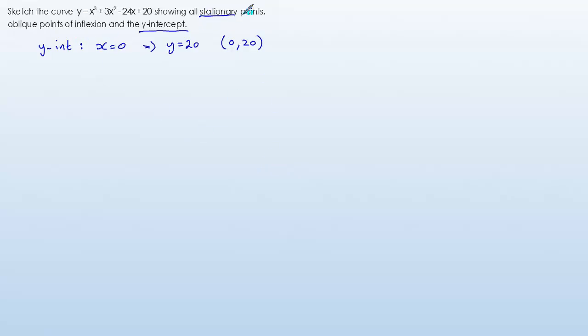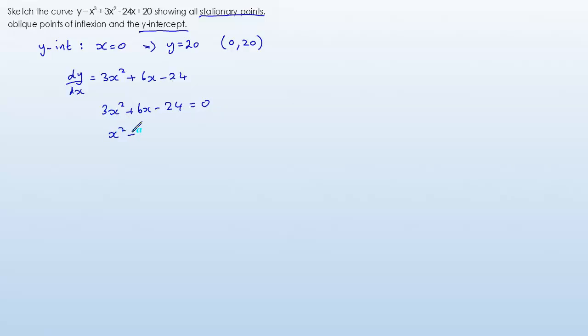So, stationary points. We need dy/dx equal to 0. So dy/dx is going to be 3x squared plus 6x minus 24. If we want 3x squared plus 6x minus 24 equal to 0, let's divide through by 3 to make that easier.